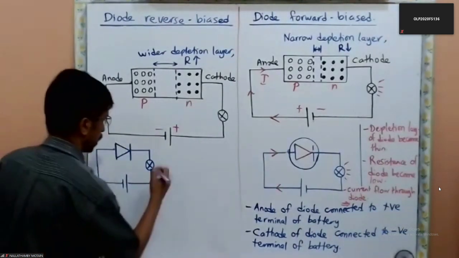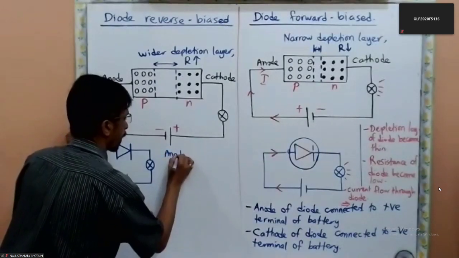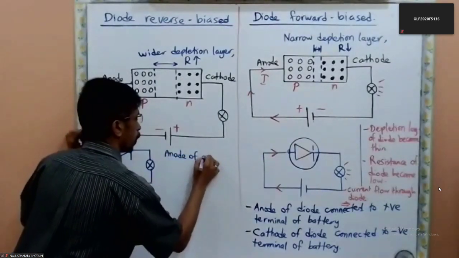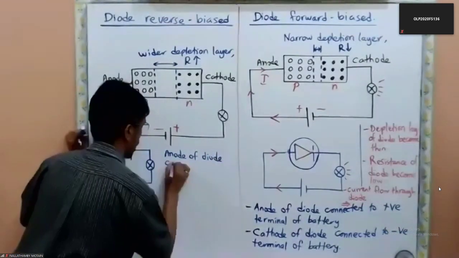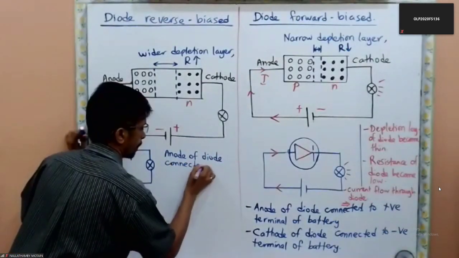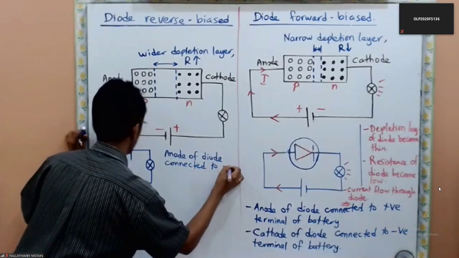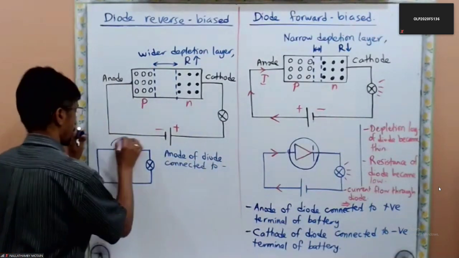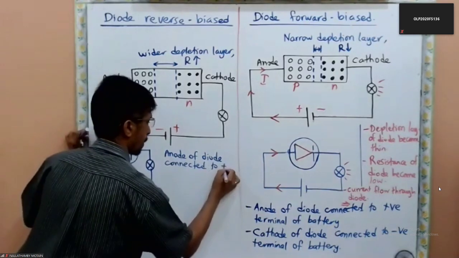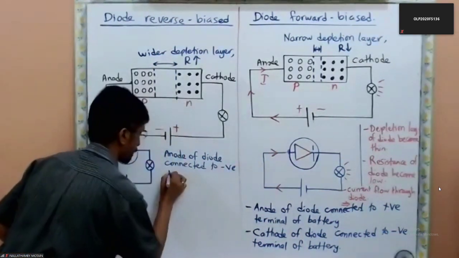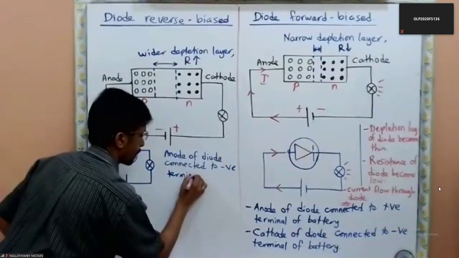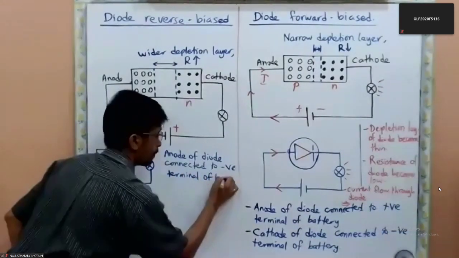Okay, so here I write anode of diode connected to negative terminal of battery.